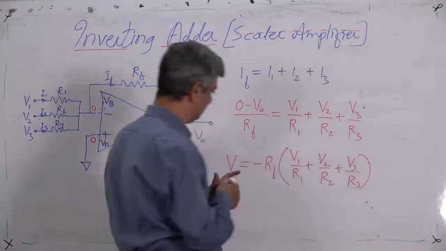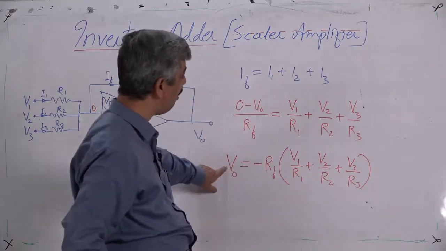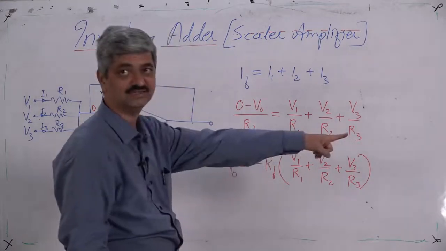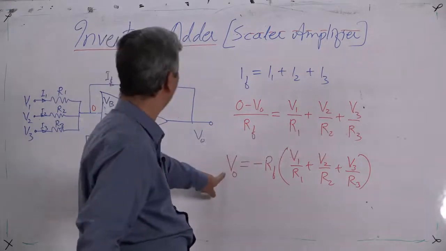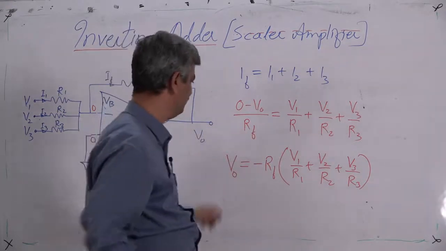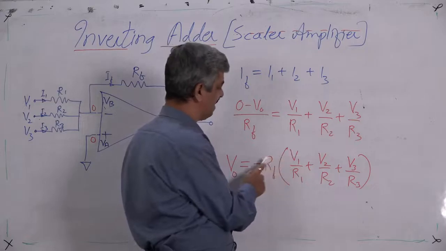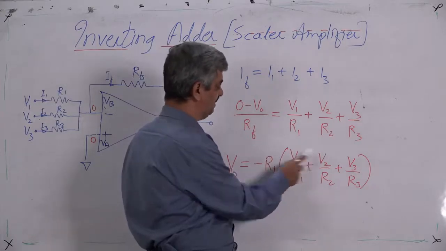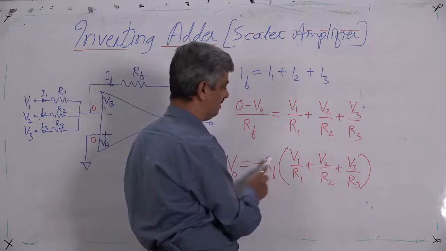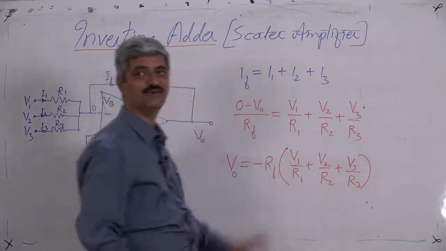It is a weighted sum of 3 voltages, VO an inverting weighted sum. So V1 gets multiplied by minus RF upon R1, V2 by minus RF upon R2, V3 by minus RF upon R3. So it is a weighted sum.